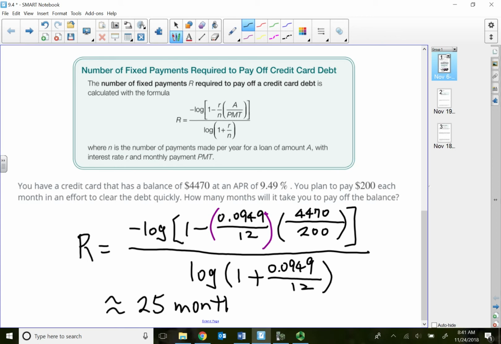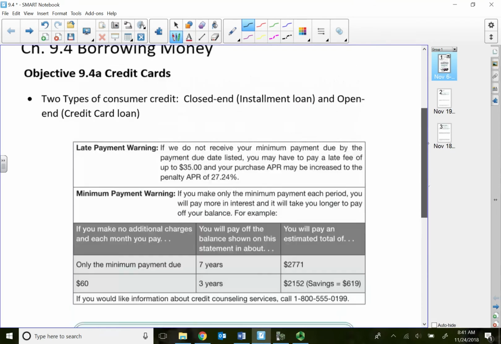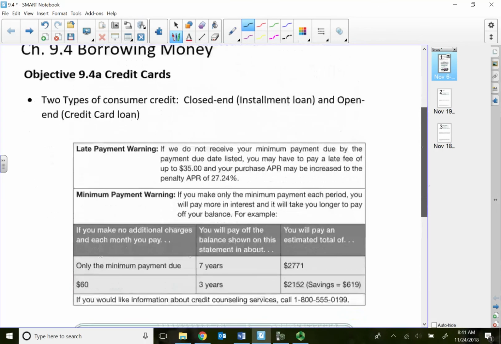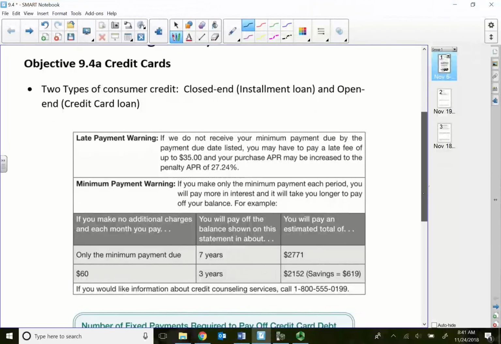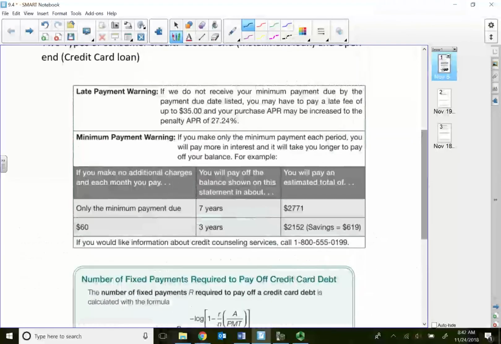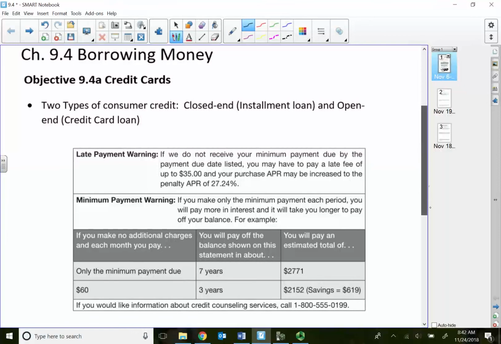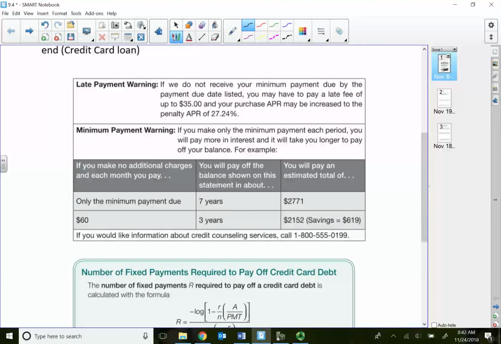So that was close-ended, excuse me, open-ended. For a credit card, it's considered an open-ended loan. Again, I'm not actually teaching you how to find the interest for credit cards because there are different ways of calculating it.